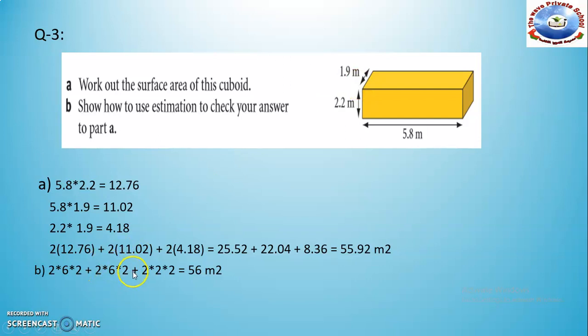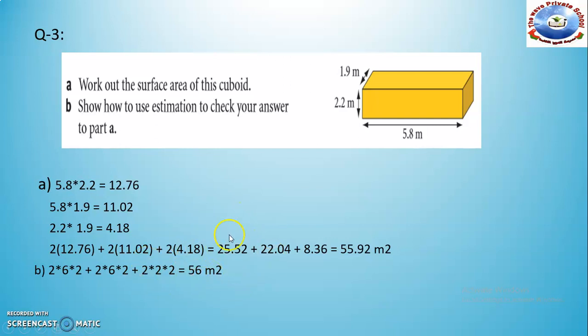Plus 2 into width into height: width is 2 meter and height is 2 meter, so 2 into 2 multiplied by 2. Then all these values will be added. After that, you get your answer, 56 square meter.